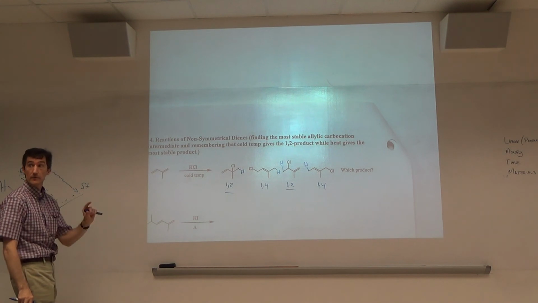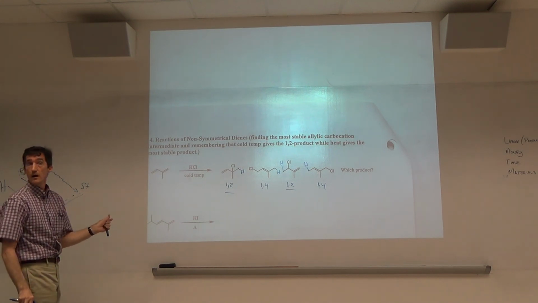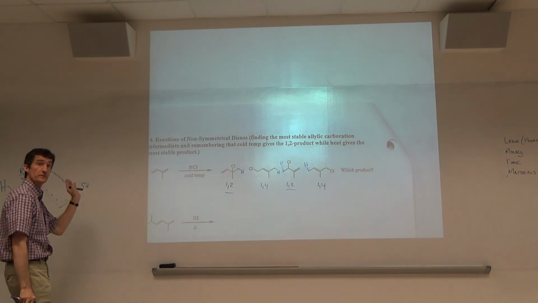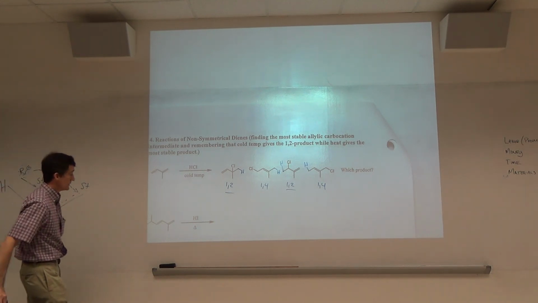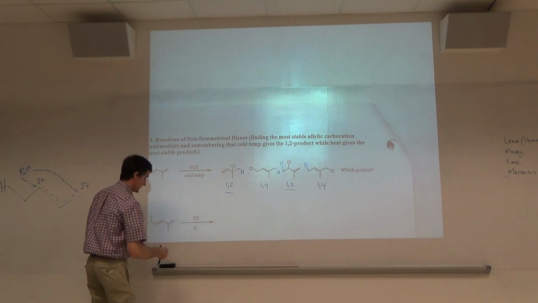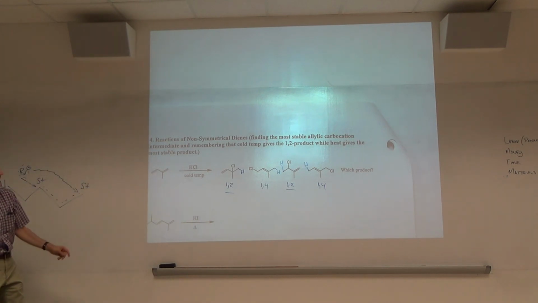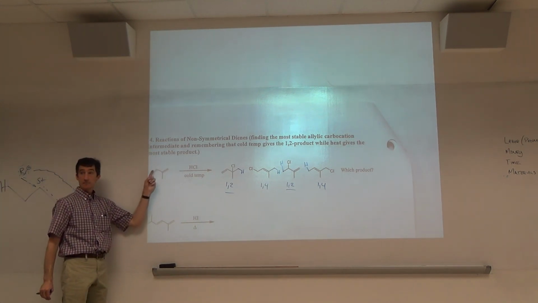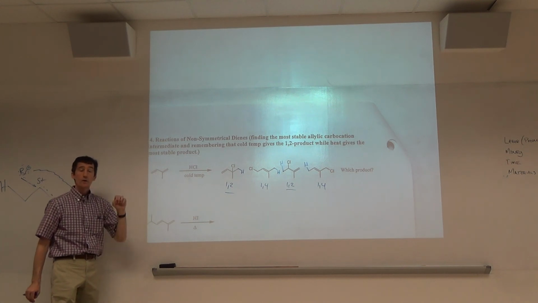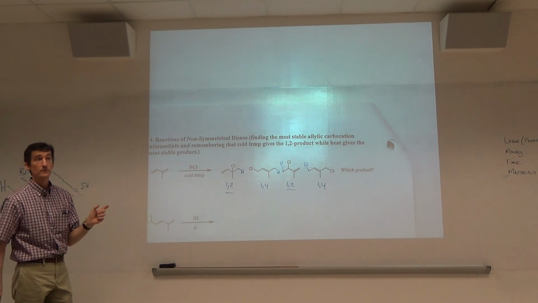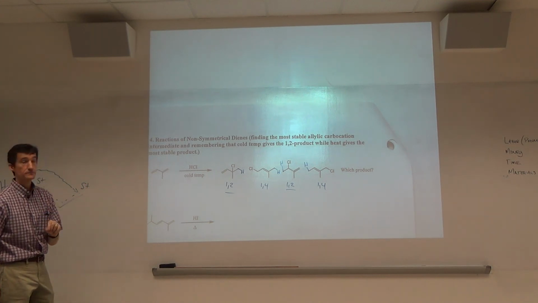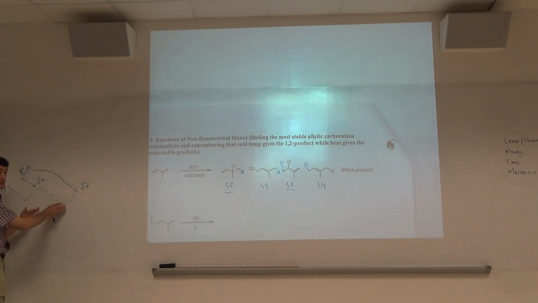Here's where we have to do something a little bit new. But that you should have gotten from the previous discussion. So, how do we do this? These alkenes are not the same. You've got to decide which alkene is going to be most reactive. Well, here's your answer. You're going to make the most stable cation. In the first example, there was only one cation, and that was this.